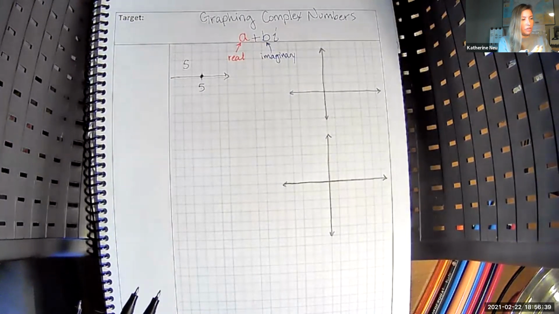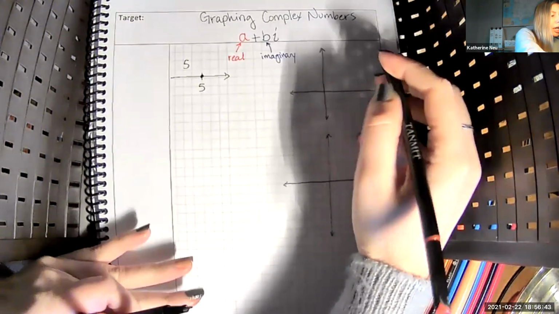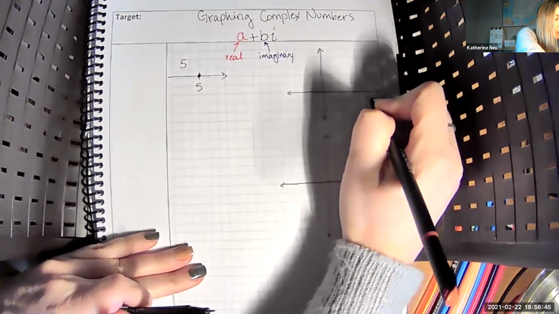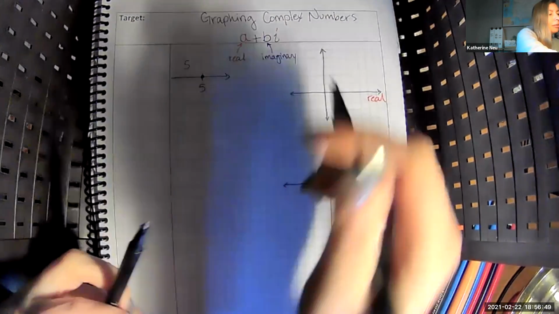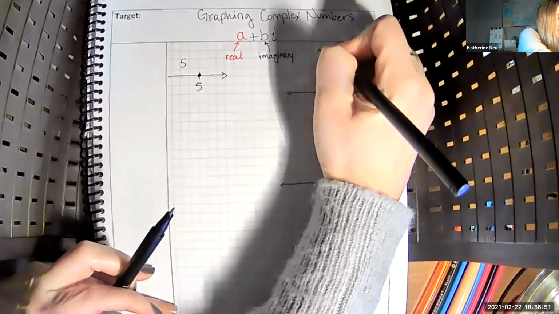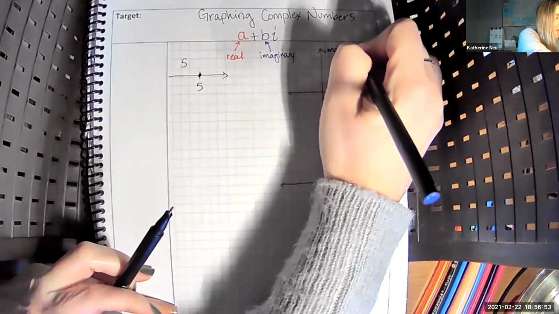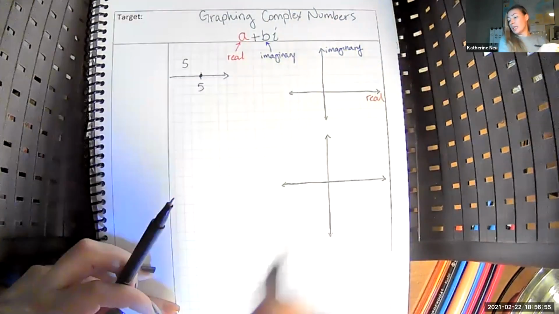So we're going to plot these so that our x dimension is our real numbers and our y dimension is our imaginary numbers. And it's really that simple.